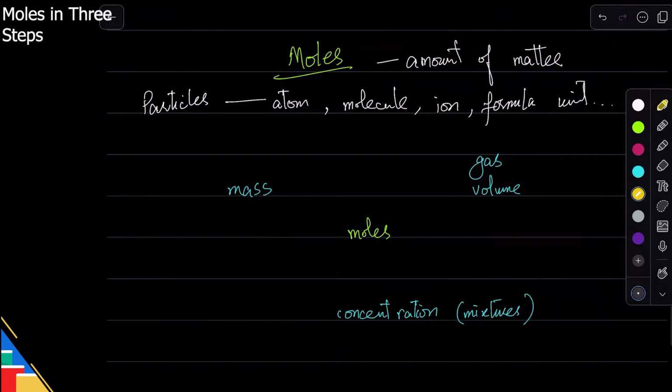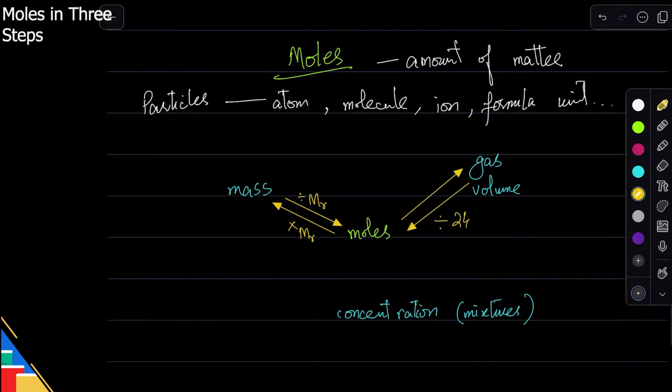If I want to convert mass into moles, I need one standard way of doing that, and that is that I take the MR or AR of that thing and I divide by that. And if I want to convert moles back into mass, I simply multiply with that. Similarly, if I want to go from gas volume to moles or moles to gas volume, to convert into moles I divide by 24 for gas volume for O levels and IGCSE.